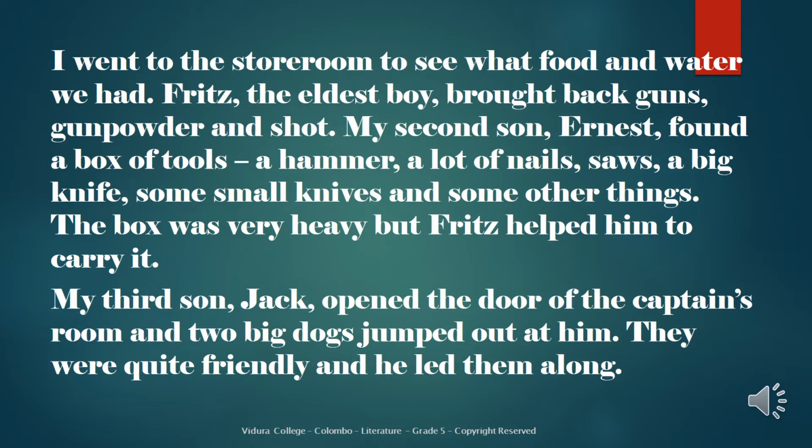And the box was very heavy, but Fritz helped him to carry it. The third son, Jack, opened the door of the captain's room and two big dogs jumped out at him. They were quite friendly and he led them along.